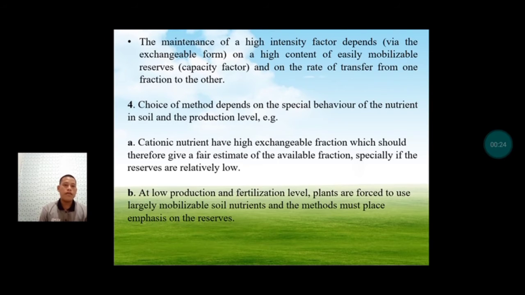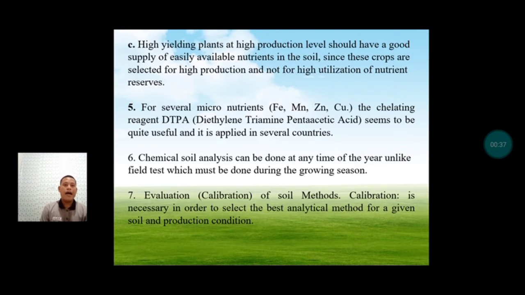B. At low production and fertilization levels, plants are forced to use largely mobilizable soil nutrients, and the methods must place emphasis on the reserves. High-yielding plants at a high production level should have a good supply of easily available nutrients in soil, since these crops are selected for high production and not for high utilization of nutrient reserves.